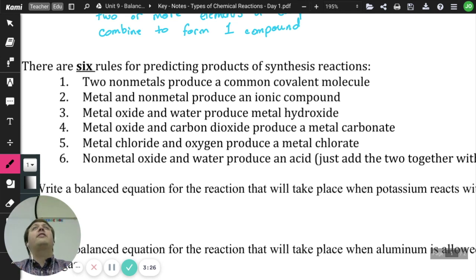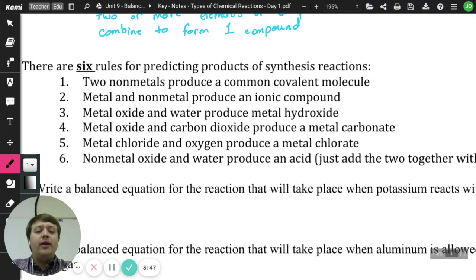If I've got carbon and oxygen, the common covalent compound would be CO2. If I've got nitrogen and fluorine, we're going to make NF3. So we're looking for a common covalent compound.